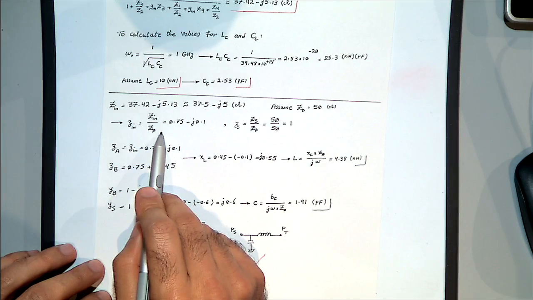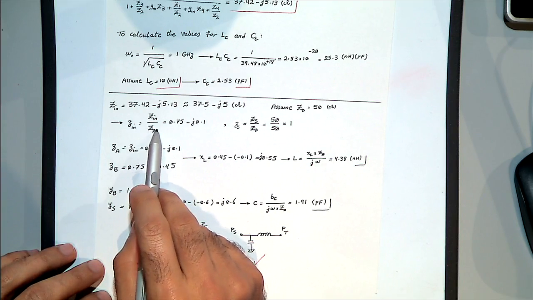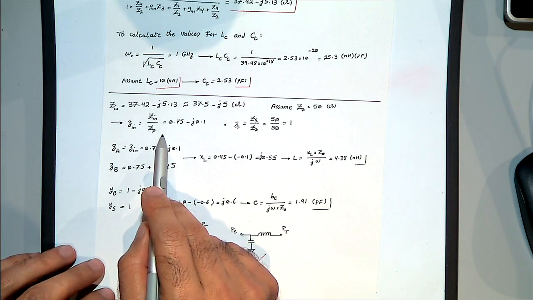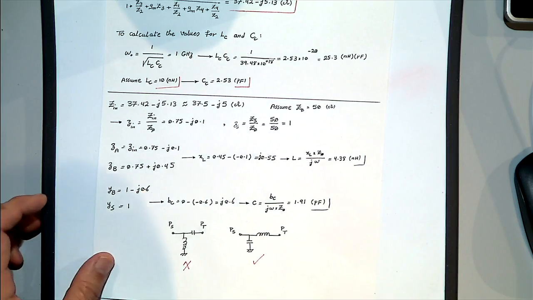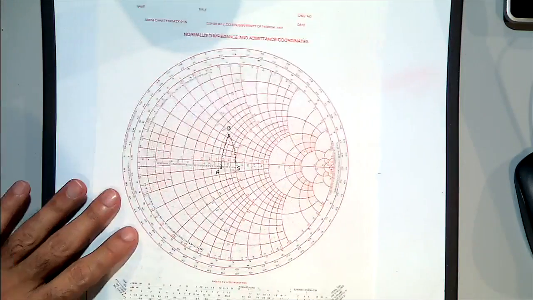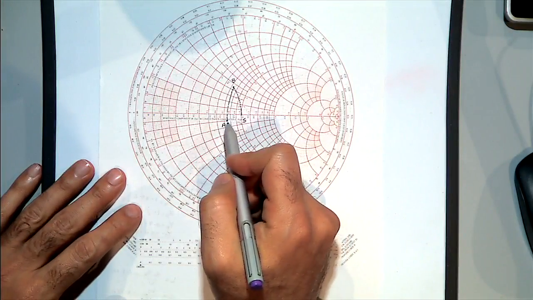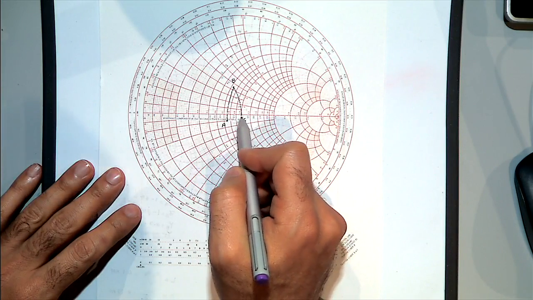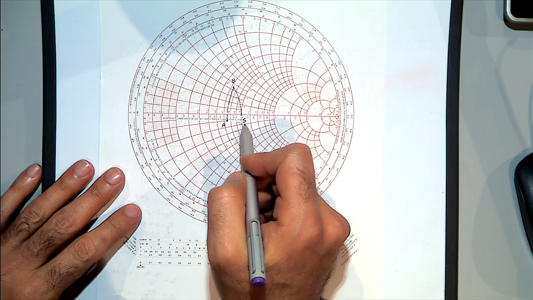I assume that the characteristic impedance of my transmission line is 50 ohm. Then this is the normalized value for the Zin, and the normalized value for the Zs is 1. So I need to move from point A to the center, which is our source, or point S.